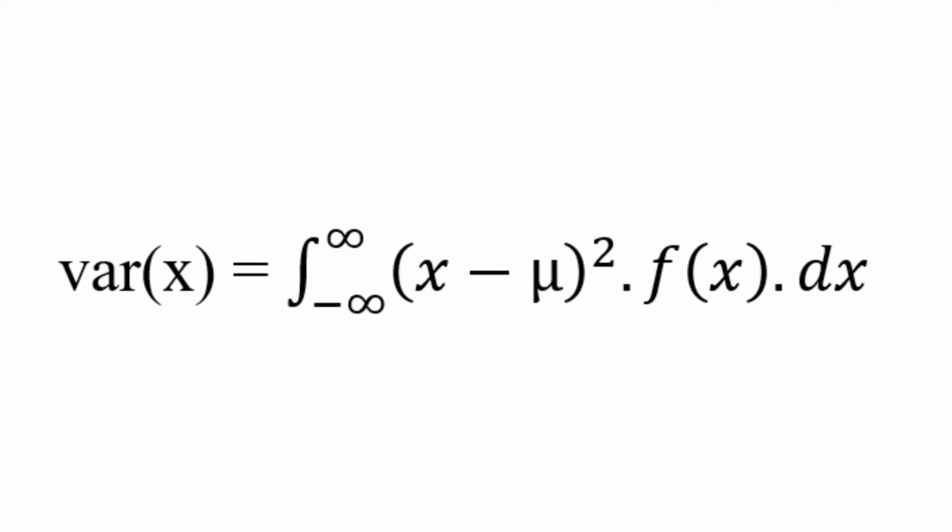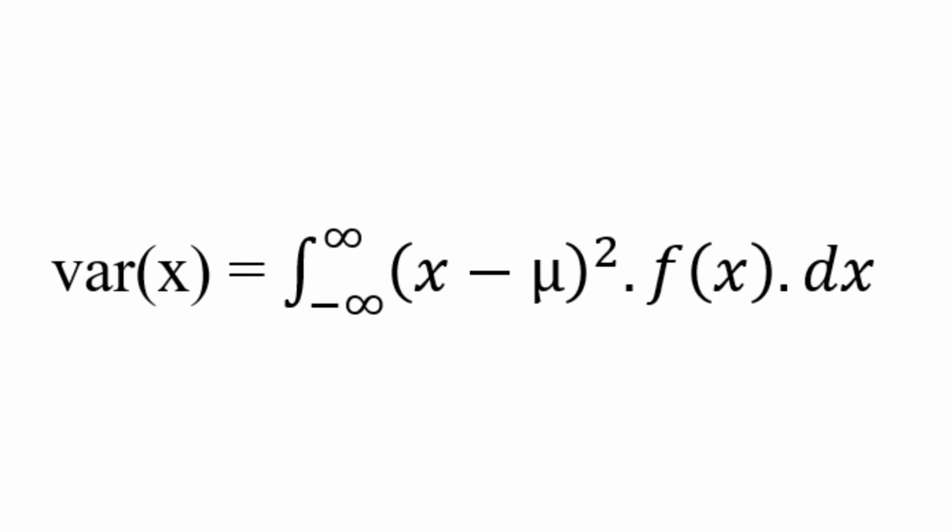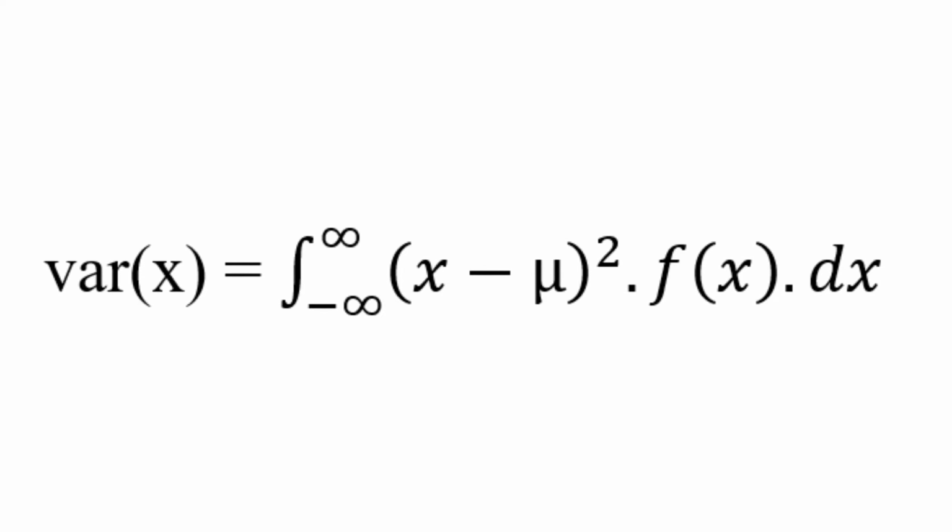Then we have times f of x dx, where the f of x in this case represents the probability density function, and the standard deviation is actually equals to the square root of variance, which simply implies that if you want to get the standard deviation, try and get the variance first, and this is how you can get the expected value, the variance, and the standard deviation of a continuous probability distribution.